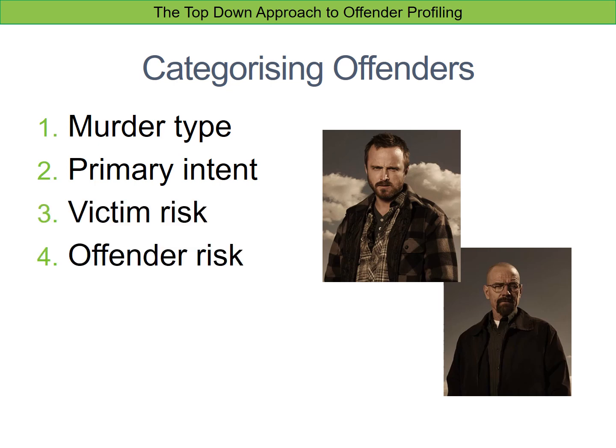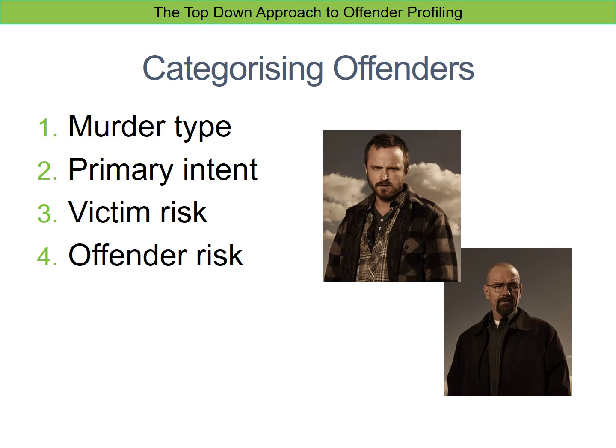They would also look at victim risk and offender risk. Now, victim risk is about whether the victim presents a high or low risk to the offender. So a high risk victim would be somebody who's important, somebody who would be missed, who's got family, who would report them perhaps. A low risk victim would be maybe somebody who is homeless and there may not be anybody around to report their disappearance.